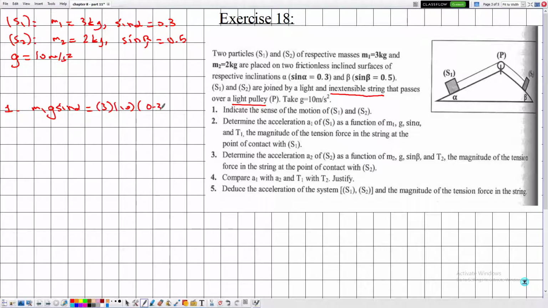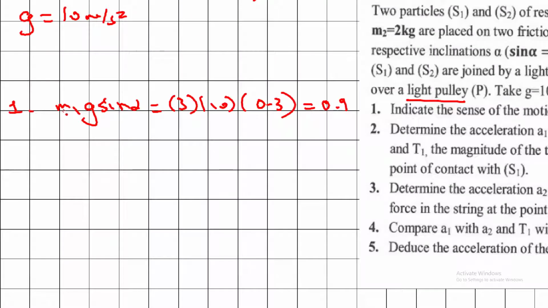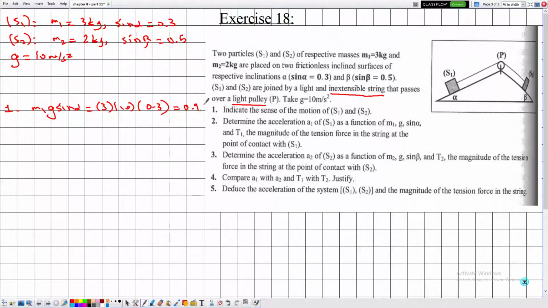by 0.3. Now plugging this on the calculator, this is given by 0.9. Sine alpha doesn't have any unit, this represents the magnitude of a force, then this is given in newtons.